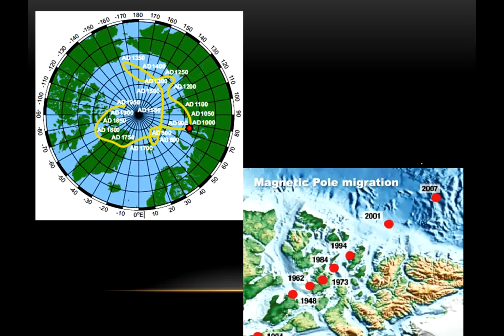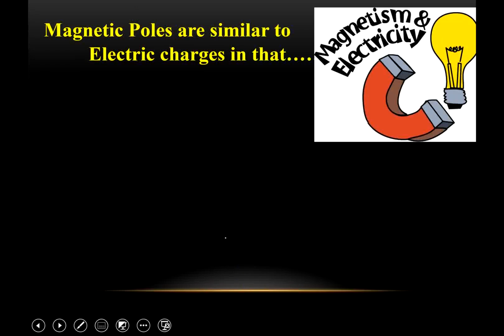But it's actually not that bad over a universal time scale. Key takeaway, the poles do move. It's normal. It's due to how the parts of the core are flowing around each other, parts of the mantle. And that's all there is to that.